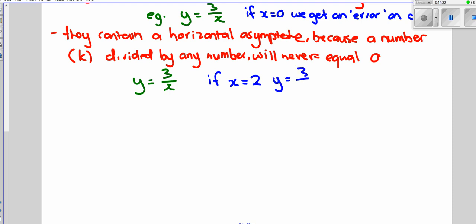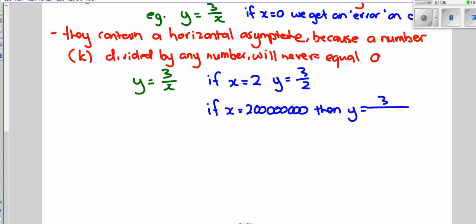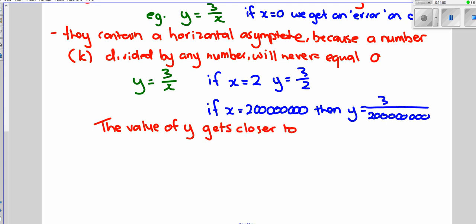If x equals 200 million, then y equals 3 over 200 million. So it gets closer to 0, but never reaches 0. The value of y gets closer to 0, but never reaches it.